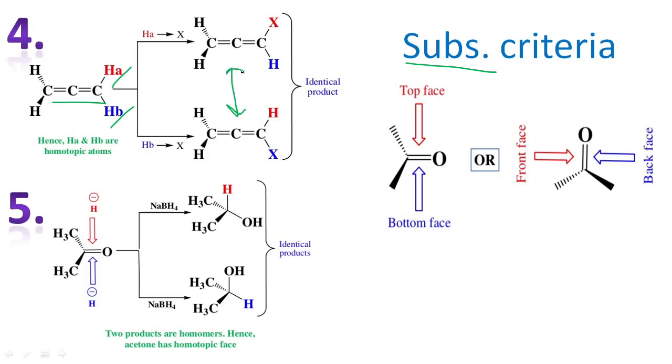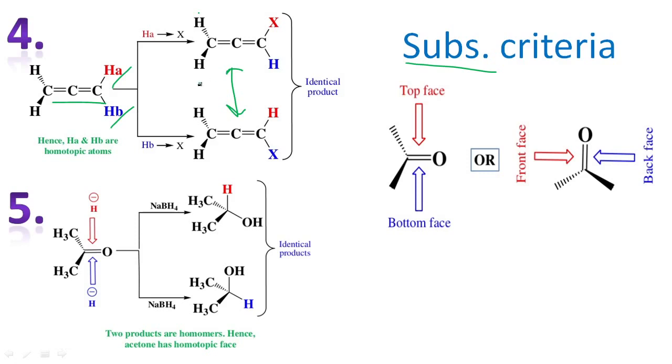If we know allenes, they are not in the same plane. These two are in different planes. The hydrogens on the left hand side and hydrogens on the right hand side are in different planes perpendicular to each other. But these compounds are basically the same, identical products, so these atoms are homotopic.